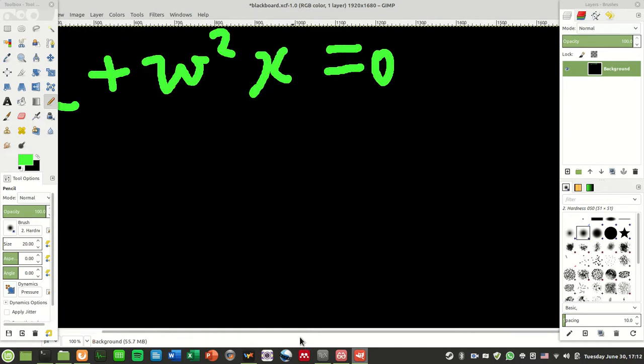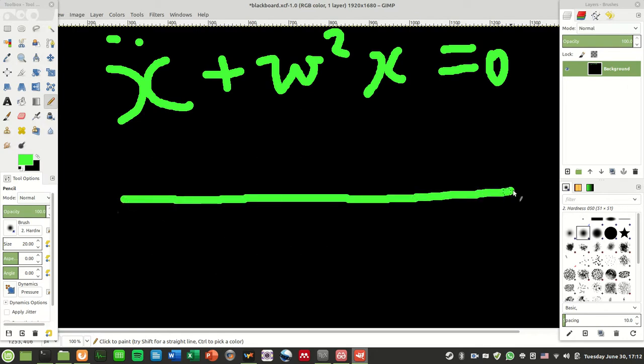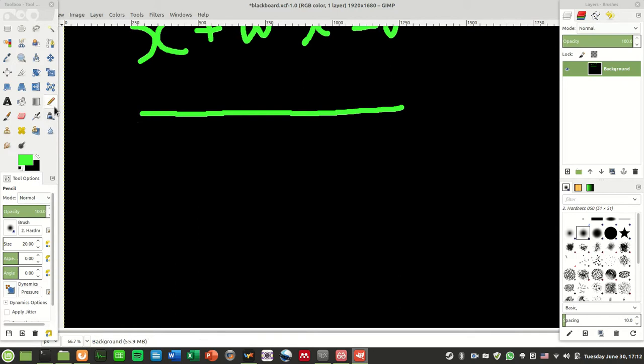So you have this simple harmonic oscillator kind of equation. Let me reduce the size. It's so big. Yeah, that's much better.